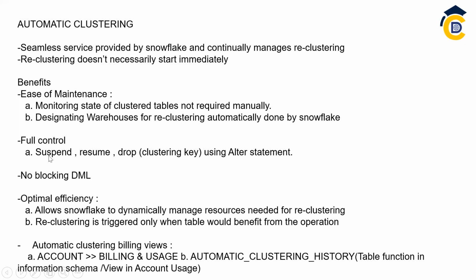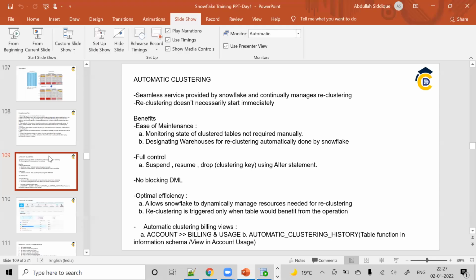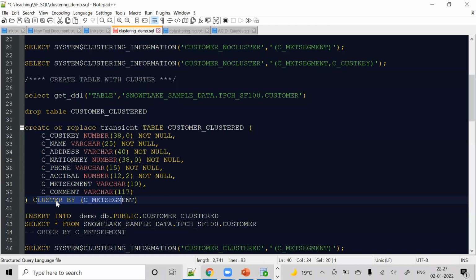So suppose we have this table here and we suspend it after say 1 month. Whatever clustering it has done till the time you're suspending it will remain as it is. From now on, it will load as per the order of the data. Whatever data gets loaded, it will do the micro partitioning on the order basis. It will go back to Snowflake's default way of creating micro partitions.